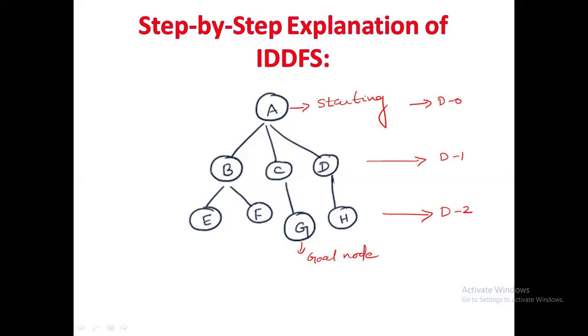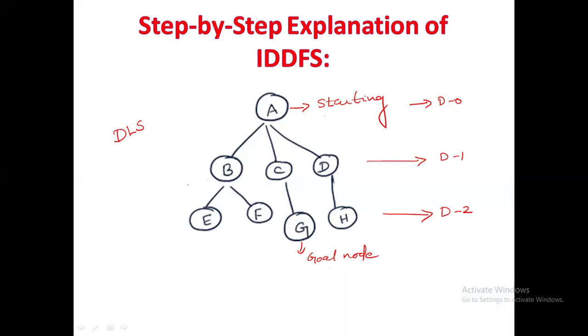The idea behind iterative deepening depth first search, that is IDDFS, is to perform depth limited search, DLS, starting from depth 0 and increasing the depth limit after each iteration until the goal is found.